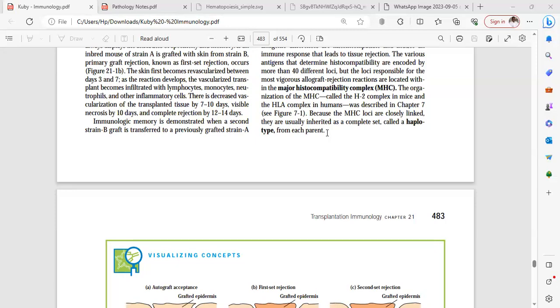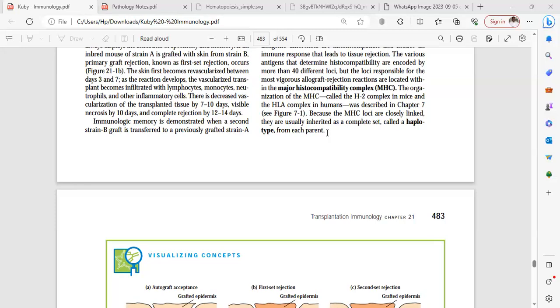So they release mediators such as cytotoxic cells, which will further release proteins that will go and start destroying the heart. So that's basically graft rejection in simpler language.